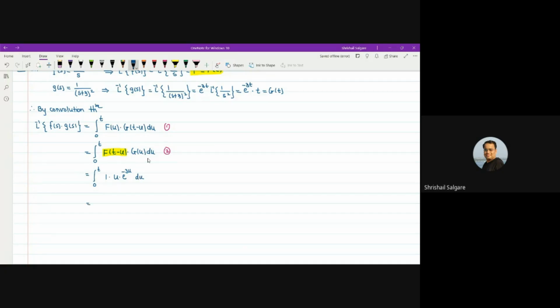So further it can be written as integral of 0 to t e into e to the power minus 3u du.